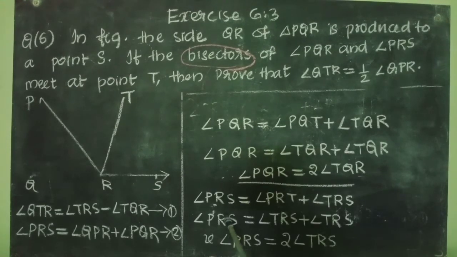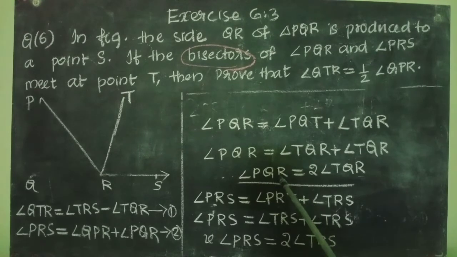So we get angle PRS equals angle TRS plus angle TRS, that is, angle PRS equals 2 angle TRS.